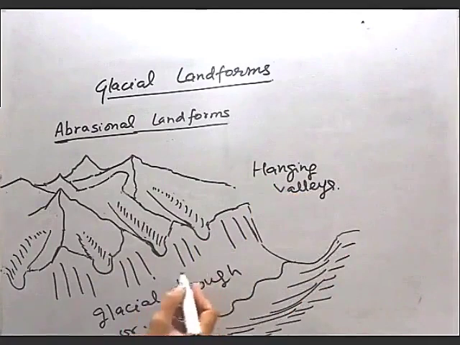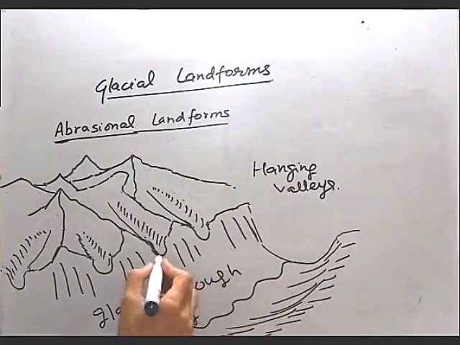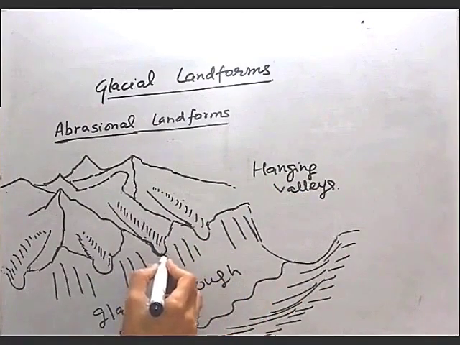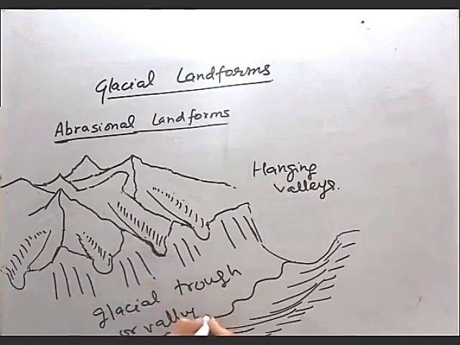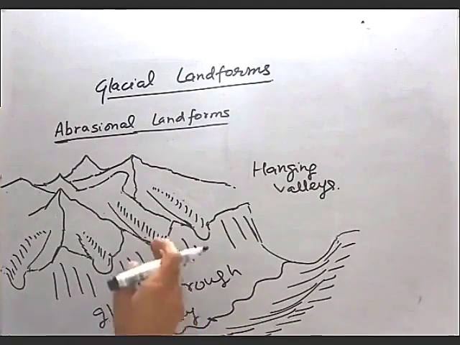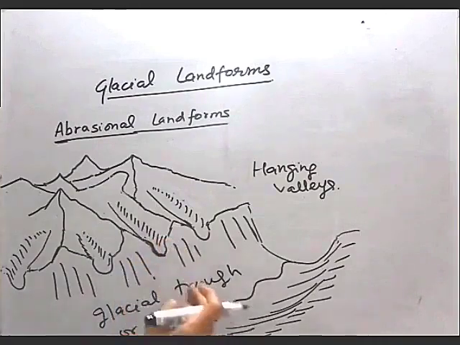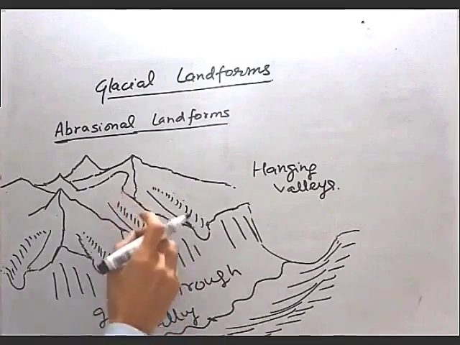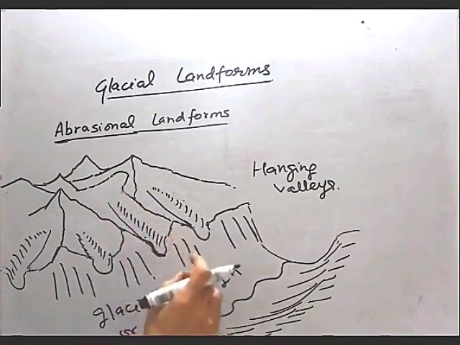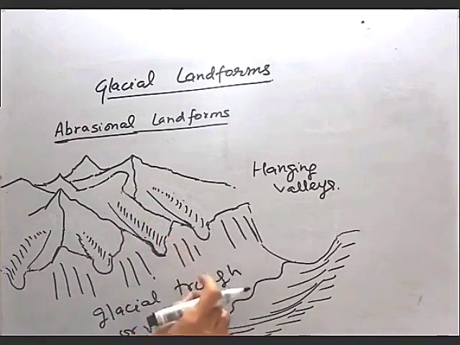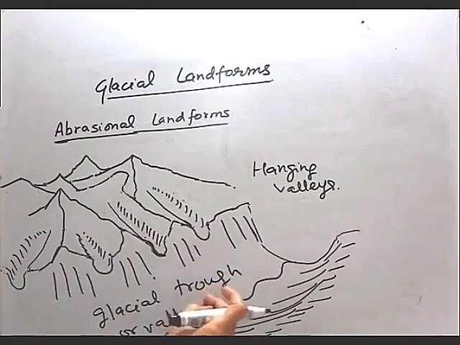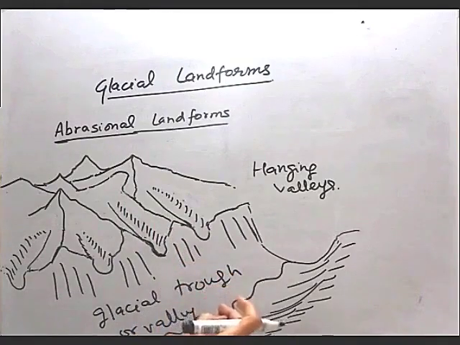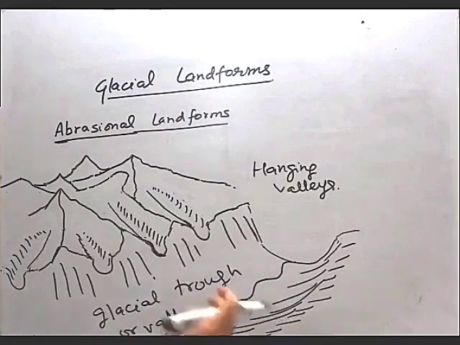Now you can see here that the elevation of the hanging valley floors is far higher than the elevation of the main valley floor. So there is a discordance. This discordance is not found in fluvial valleys. In fluvial valleys, when the tributary rivers join the main river, their valleys have almost the same elevation as the main valley floor.